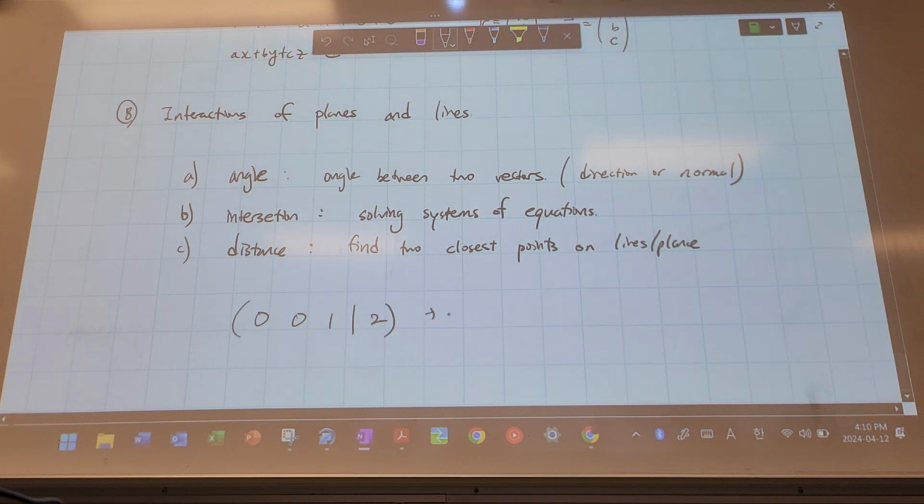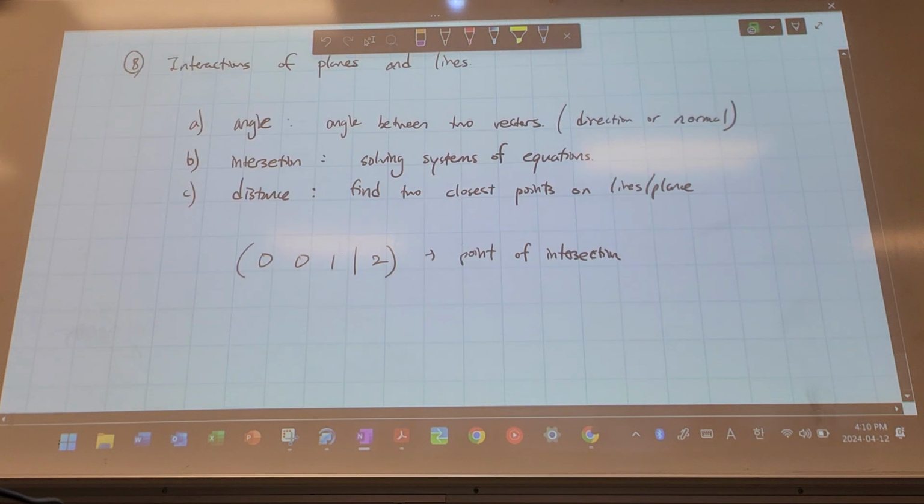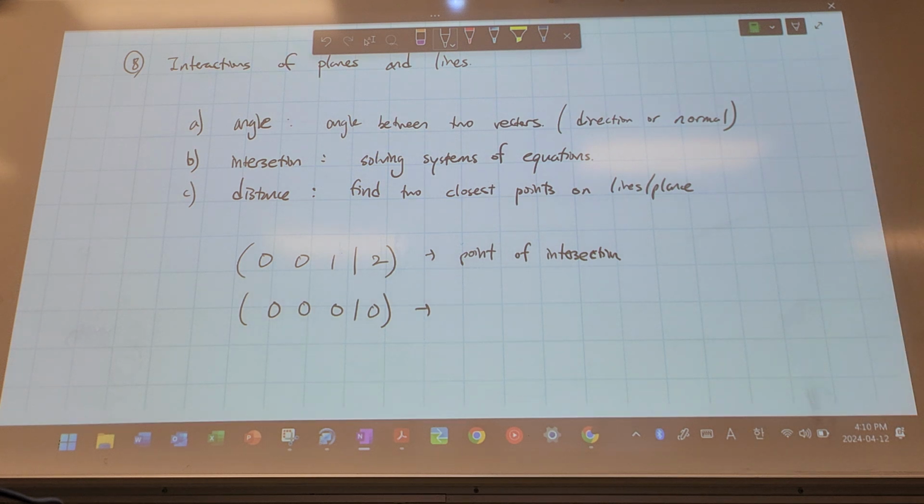If I have a case like that, then this is good, right? We have a point of intersection. That means all three planes are meeting at a single point. Or sometimes you have 0, 0, 1, 0, 0, 0, and then 0. Then this is fine. The reason this happens is that two rows were identical.